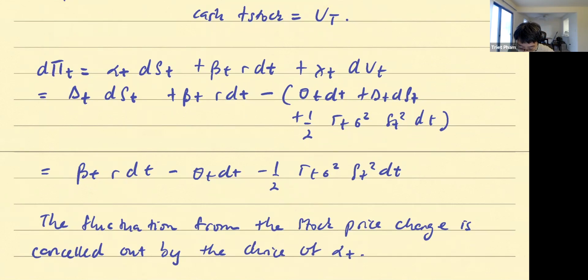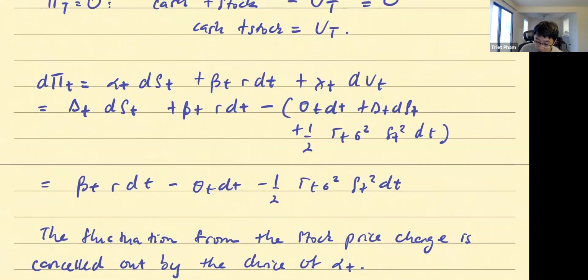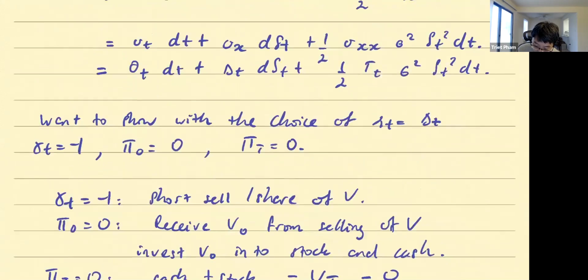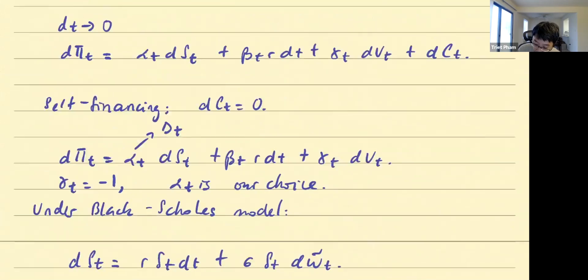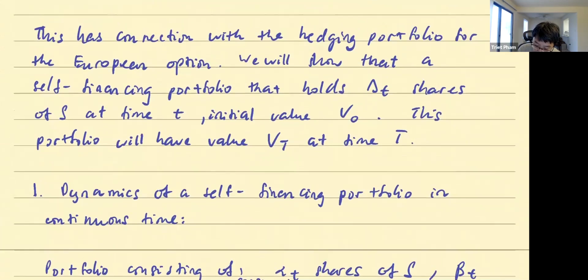So that's one thing. The second thing we want to show is what happens with this, okay? What happens with this? And this actually will be handled by the Black-Scholes PDE.